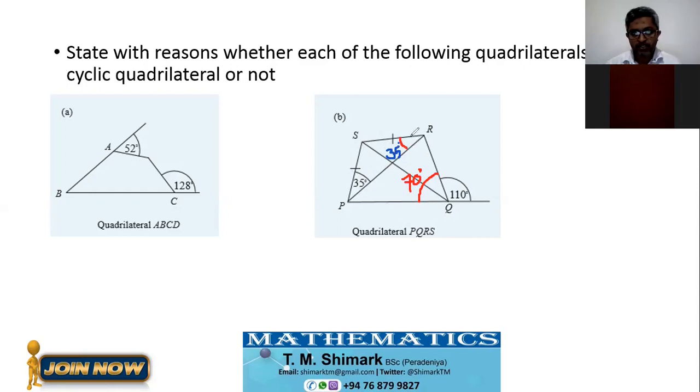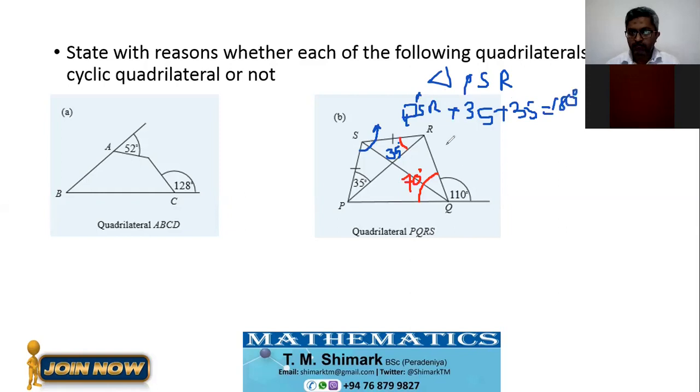If you take PSR, these two angles are part of one triangle, right? Addition of these three angles, that means 35 plus 35 plus the other angle, which is PSR, is going to be 180, right?